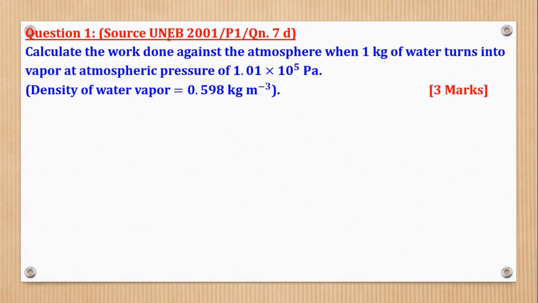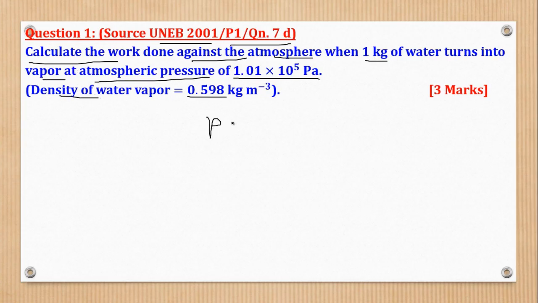Question 1 came from UNEB 2001, paper 1, question 7D, and it says, calculate the work done against the atmosphere when 1 kilogram of water turns into vapor at atmospheric pressure of this. Here they say that the density of water vapor is this. Remember we said work done is pressure times change in volume.